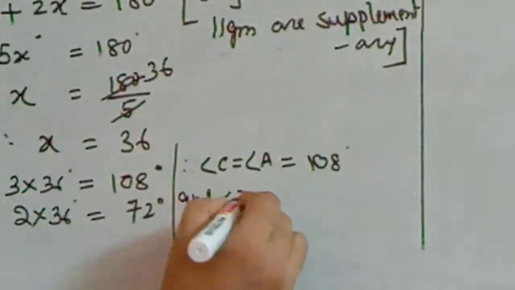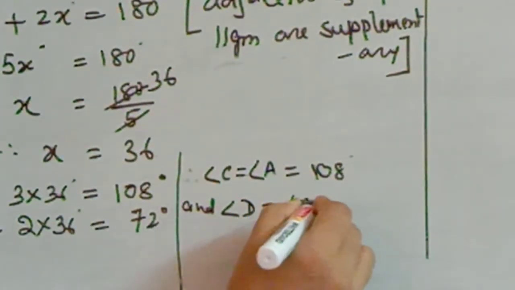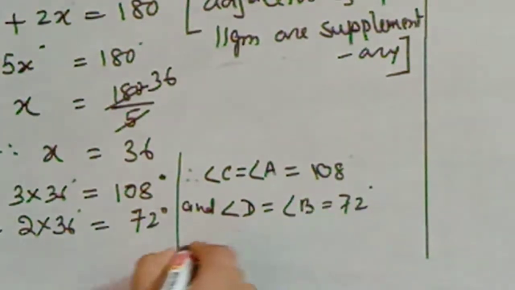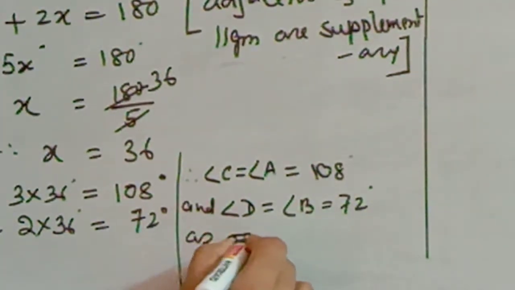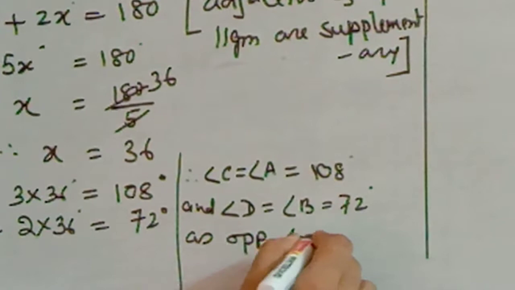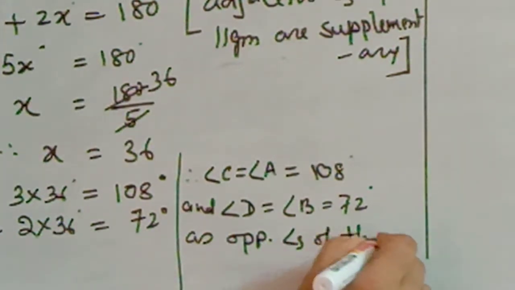Angle D is equal to angle B is equal to 72 degrees, as opposite angles of the parallelogram are equal.